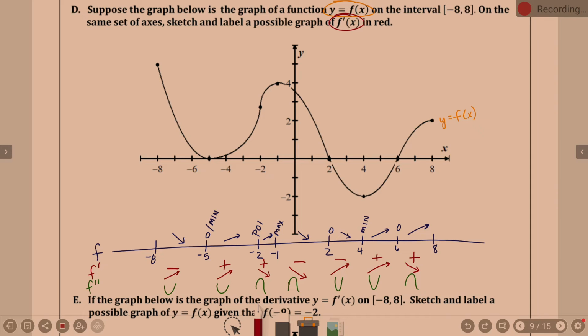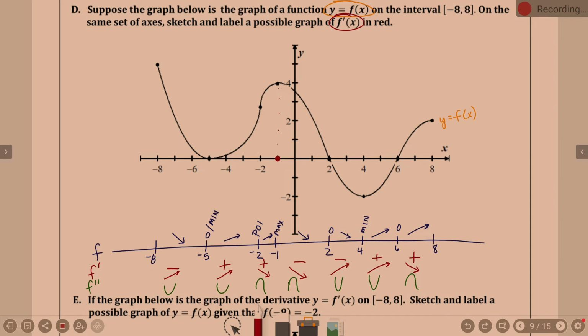Probably the only other thing is max and mins on the original function. What are those going to be on the derivative? Zeros, right? So like here, because there's a max, that's going to be a 0.